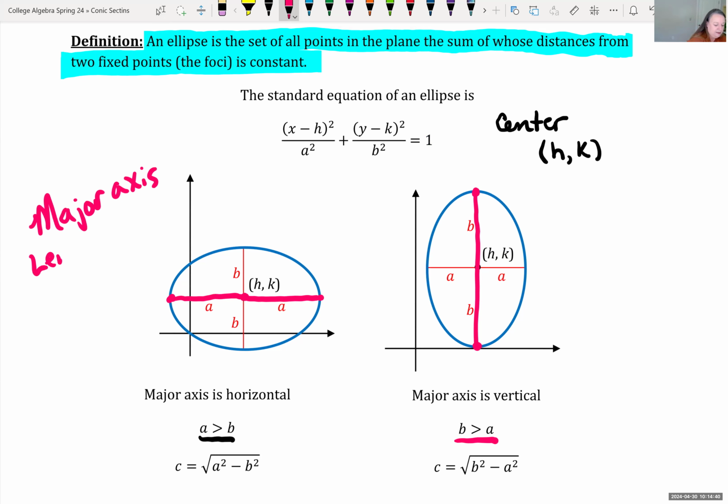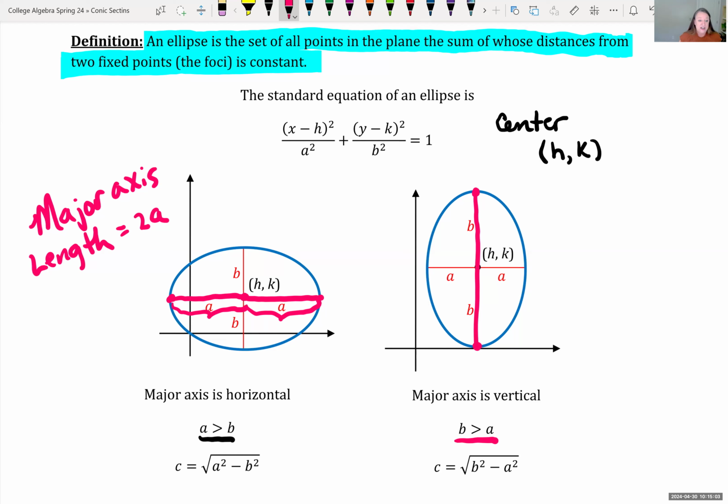The major axis length, when it's parallel to the x-axis, is equal to 2A. Notice over here we have a length A here, plus another length of A here, which gives us that 2A.